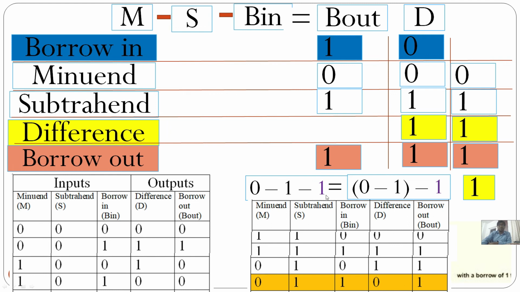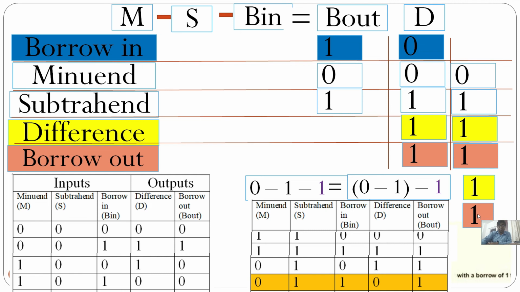How? Look at the steps once again. 0, 1. So 0 minus 1 minus 1. First we have to calculate 0 minus 1. Here the difference is 1 with borrow out 1.